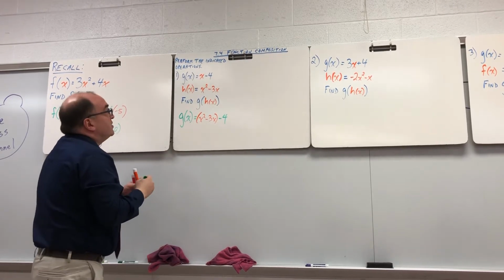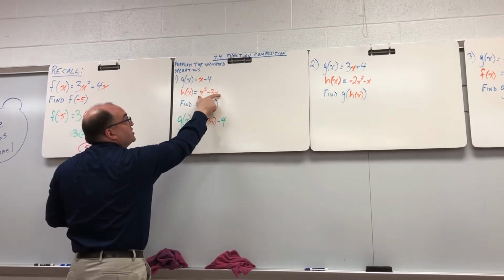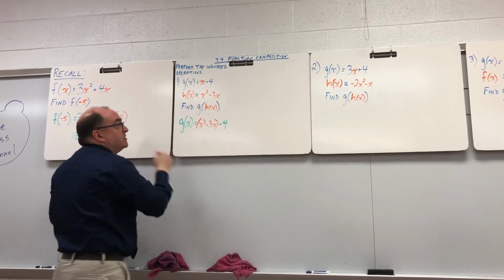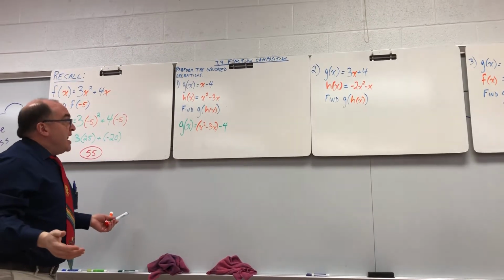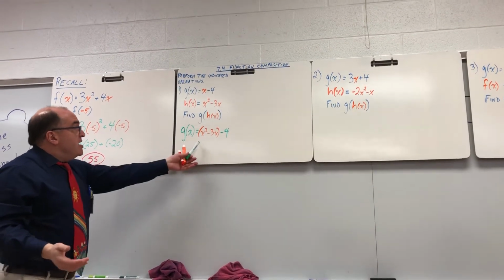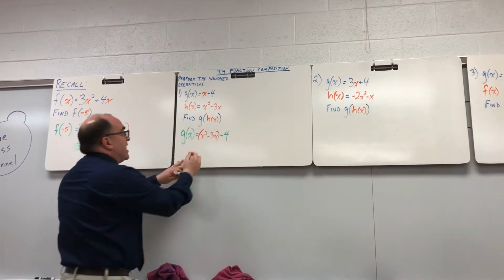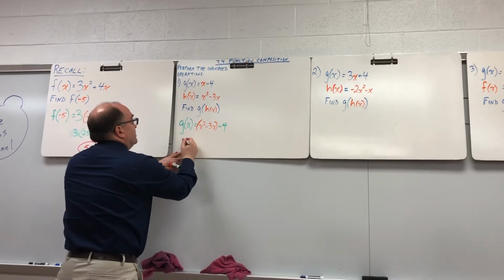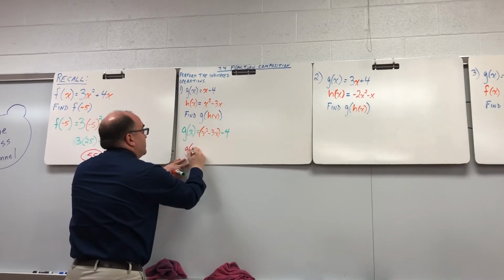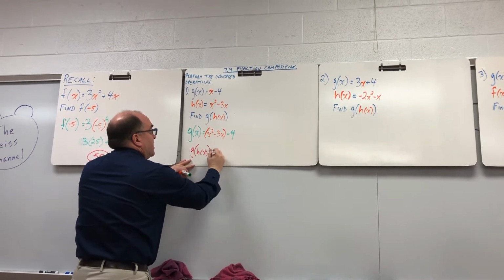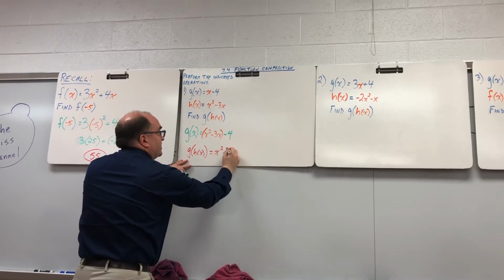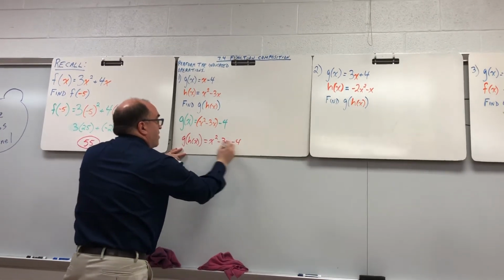Okay? So all I'm doing is substituting this for this. Okay? And now I'm done. Are there any like terms here? No. You just write it out. G of h of x equals x squared minus 3x minus 4. Done.